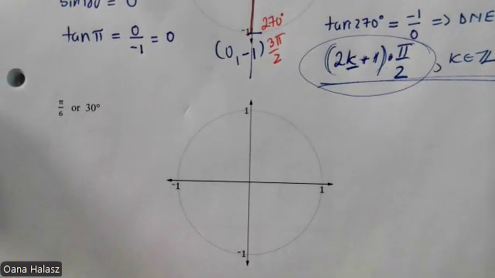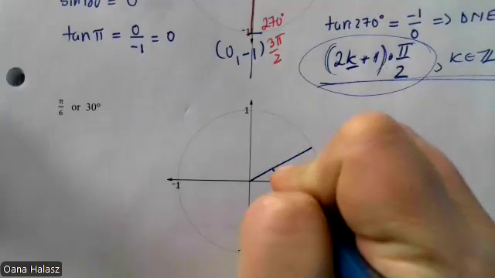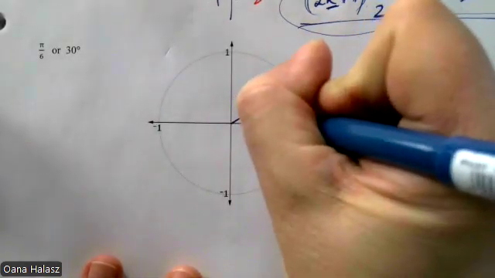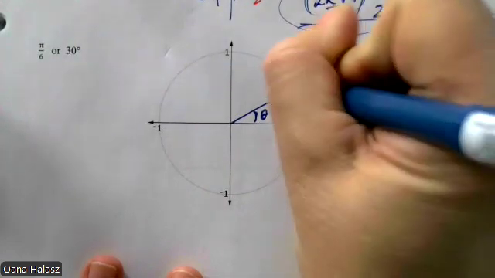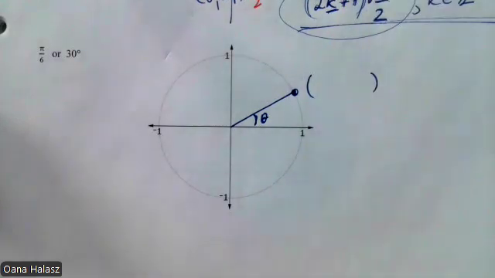Now let's work with another kind of angle, the pi over 6 or 30 degrees, or any family of angle for those 30 degrees. So that's the angle right there. And the point over here, I'll tell you what it is, but there are all different ways of actually figuring it out.